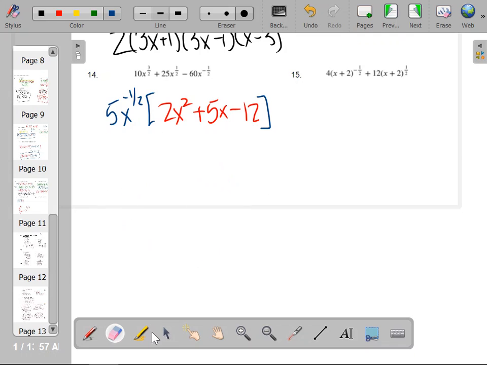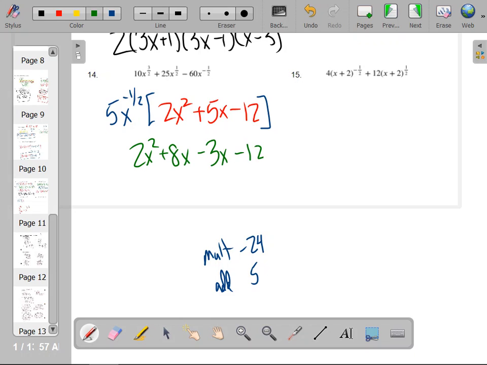But now that we've got the negative factored out, we're just going to look at what's left, and that might be factorable. If I split the middle, 2 times negative 24, what multiplies to negative 24 and adds to 5? Let's see, positive 8 and negative 3 when you split the middle.